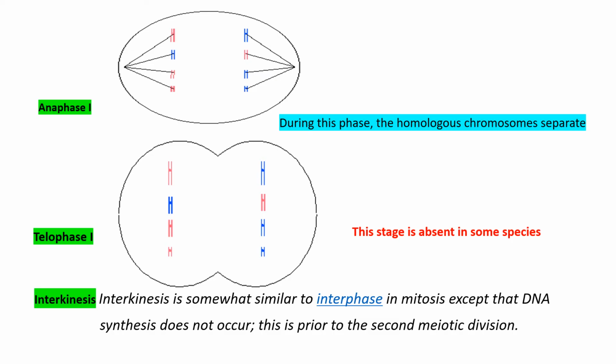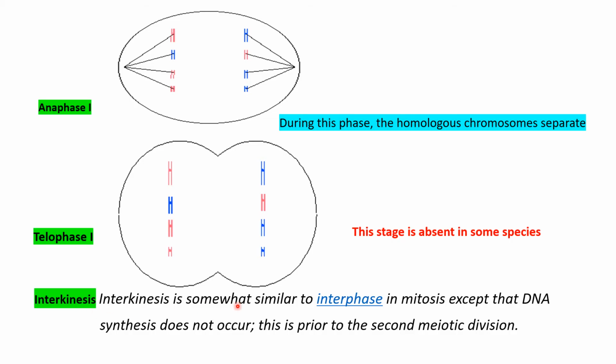In anaphase 1, during this phase, the homologous chromosomes separate, and in telophase 1, we see that the cell is beginning to divide. This stage is however absent in some species. Now let's introduce another word, interkinesis.